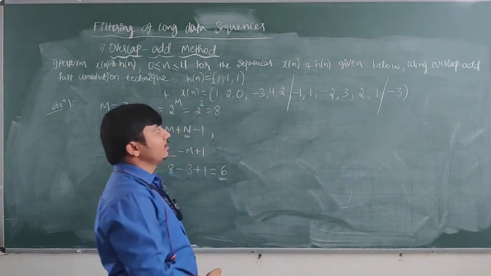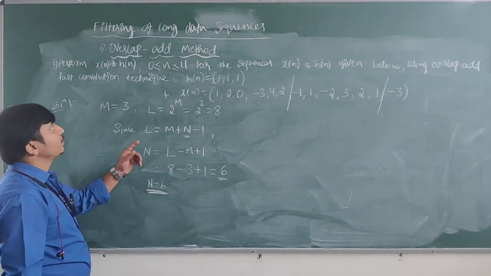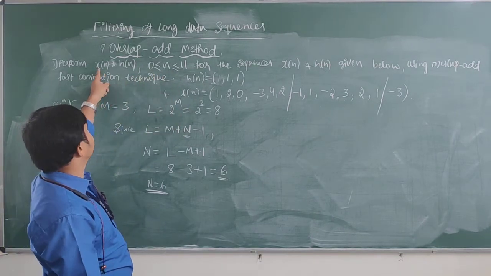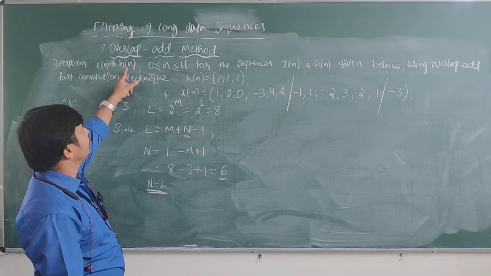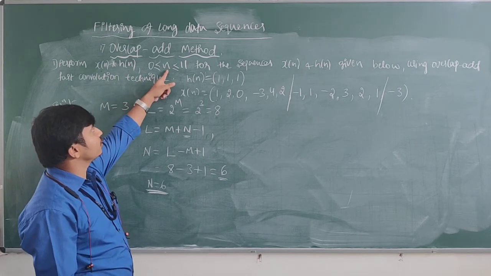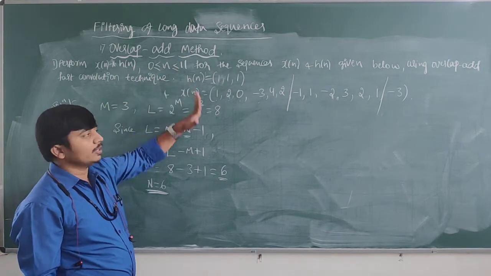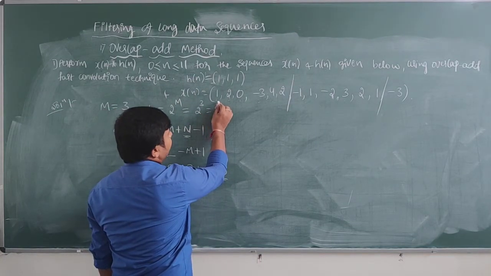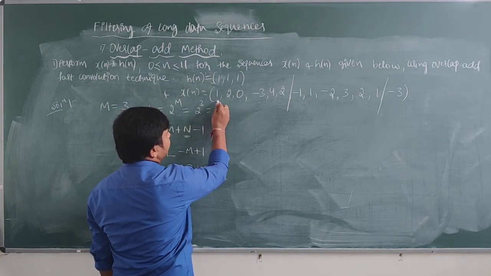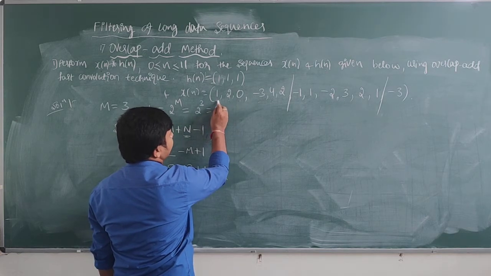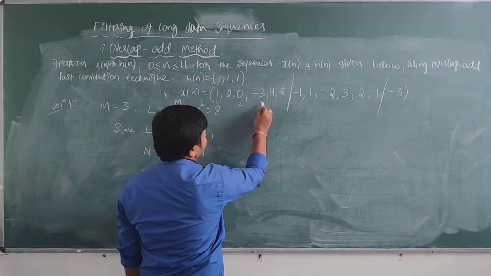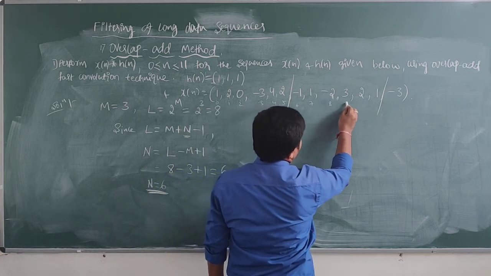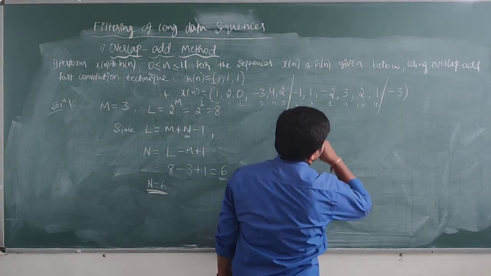Again, in the problem the range is mentioned, so you need to compute the convolution x of n with h of n for the range n equal to 0 to 11. Index x of n from 0 to 11: 0, 1, 2, 3, 4, 5, 6, 7, 8, 9, 10, 11.